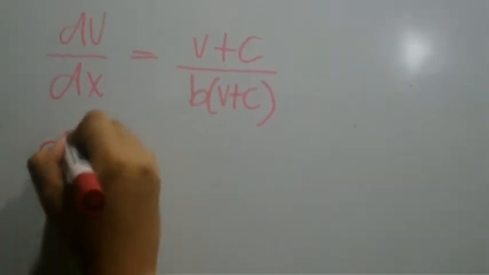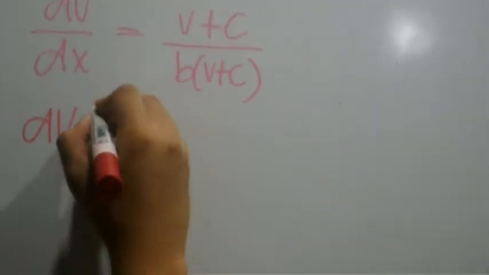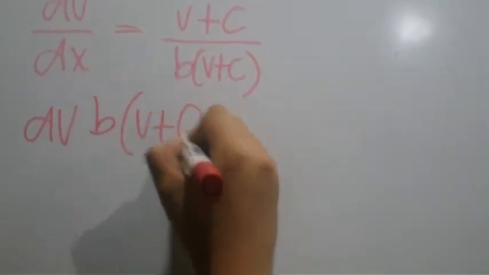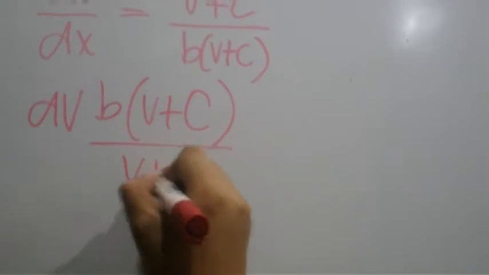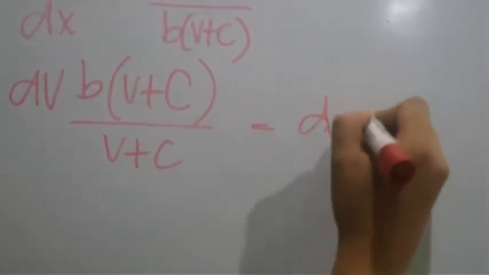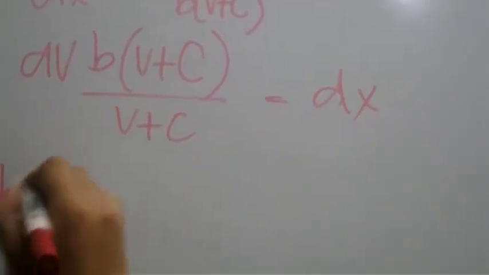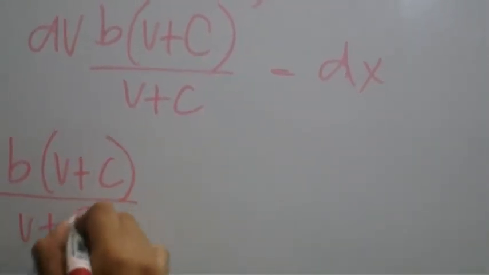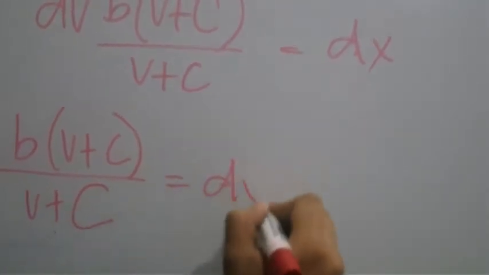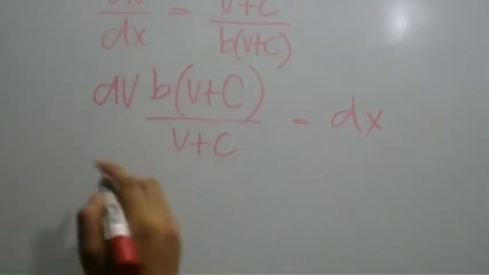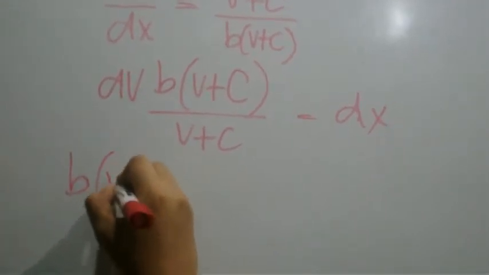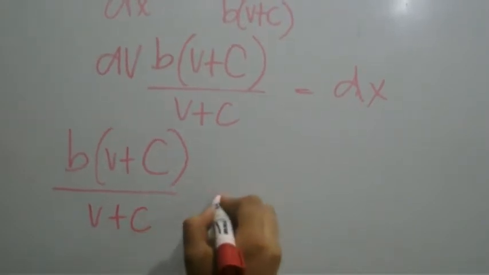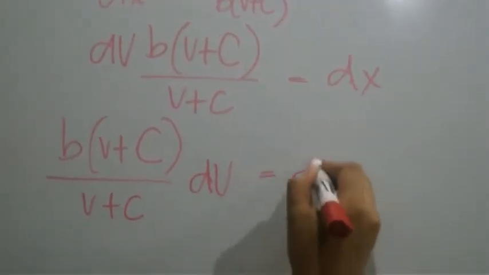So we have dv times (v plus uppercase C) over (v plus lowercase c) is equal to b dx. Simplifying further, we have (v plus uppercase C) over (v plus lowercase c) dv is equal to b dx.